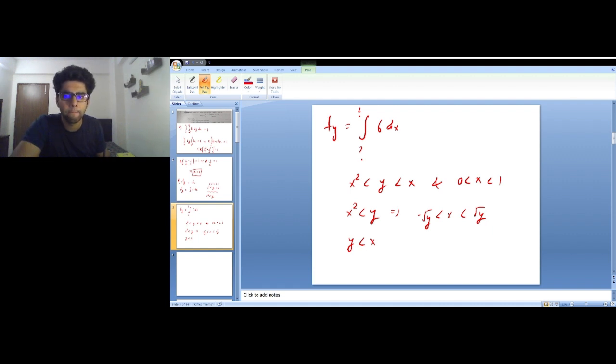And the second term that I can include is y is less than x, right? So the second part of the limit says that y is less than x. This implies that my x lies between, because x is less than root y, but at the same time x is greater than y, which means that my x lies between y and root y.